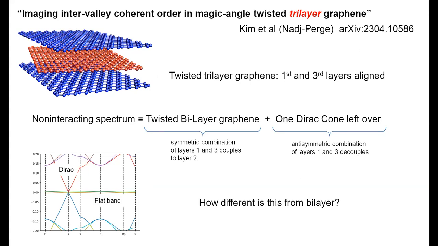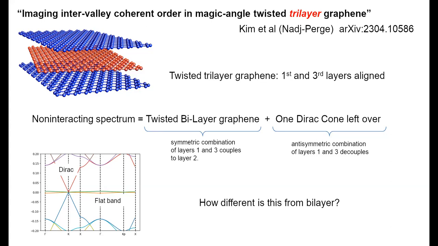In this case, you get a flat band, just like you have in the bilayer case. So basically, before you put in the interactions, the spectrum is exactly that of twisted bilayer graphene plus one Dirac cone left over. So you have a flat band in the middle and the Dirac cone as well.